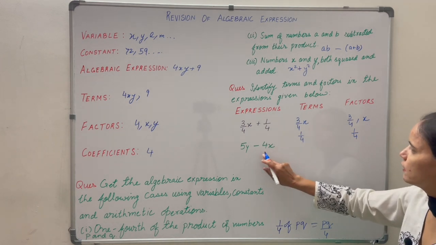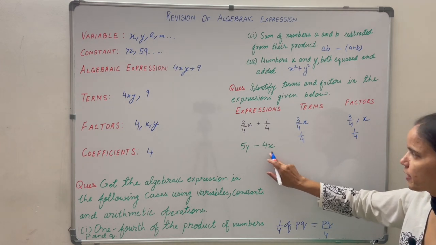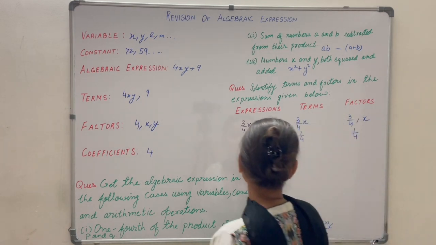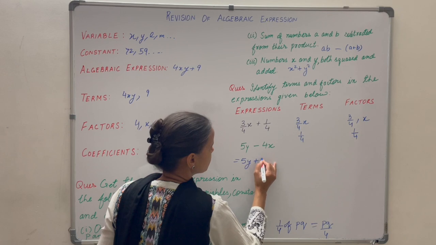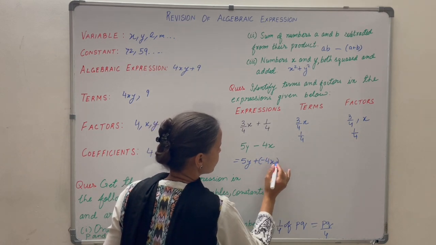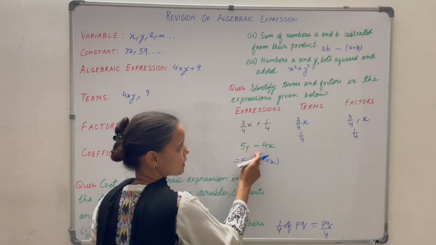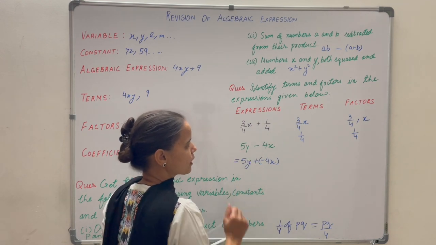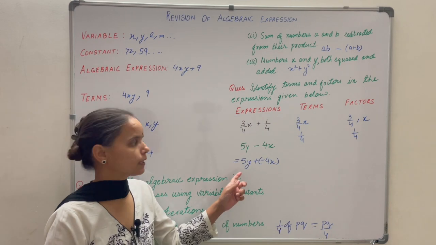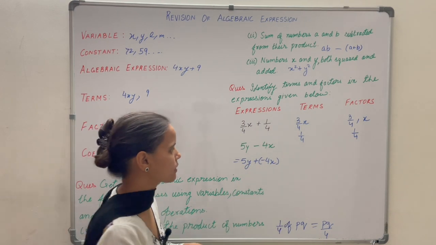For this one, terms are added to form an expression. Here it is a minus sign. So I can rewrite this as 5y plus of minus 4x. Now you can see plus into minus is minus. Terms are added to form the expression. So what are the terms here? 5y and minus 4x.